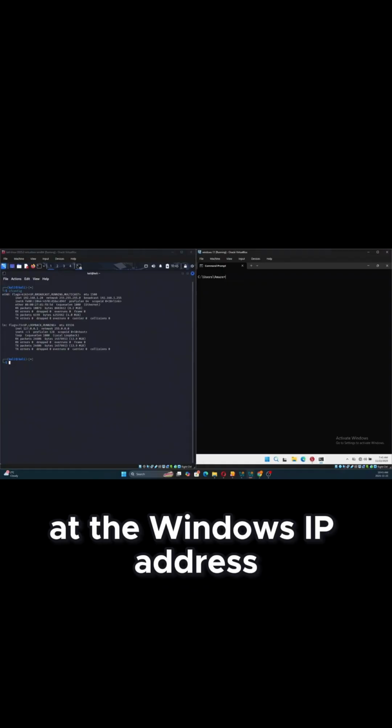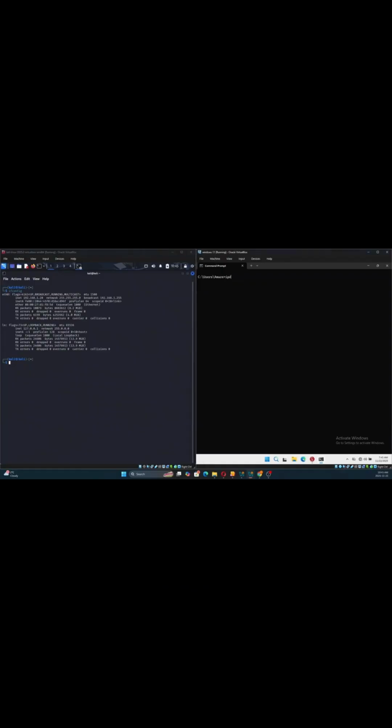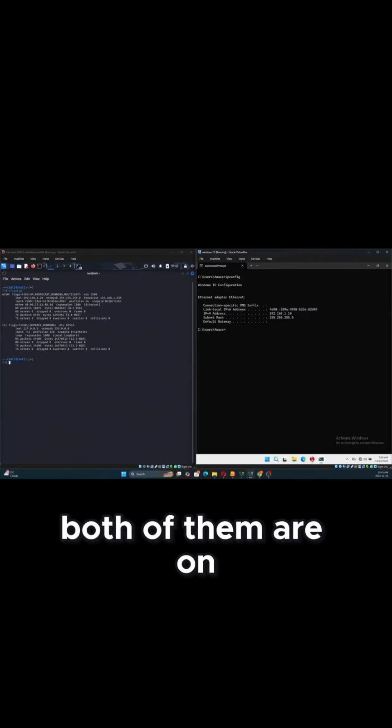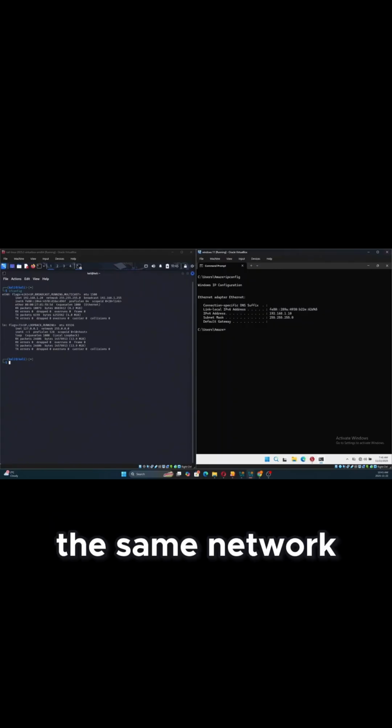Then we're going to look at the Windows IP address. So the Windows IP address is 192.168.110. So both of them are on the same network.